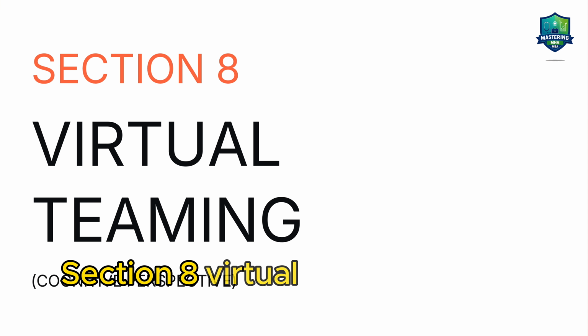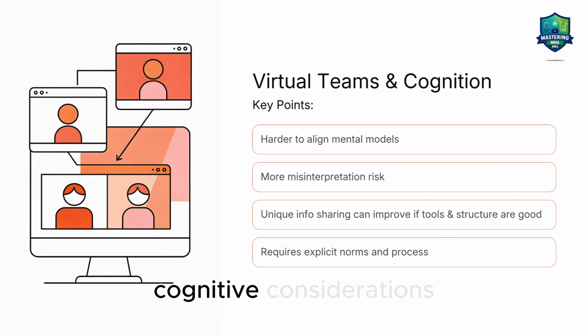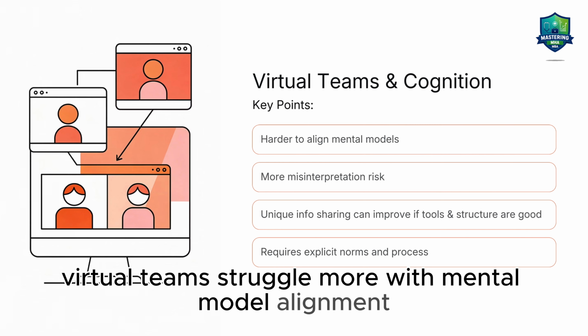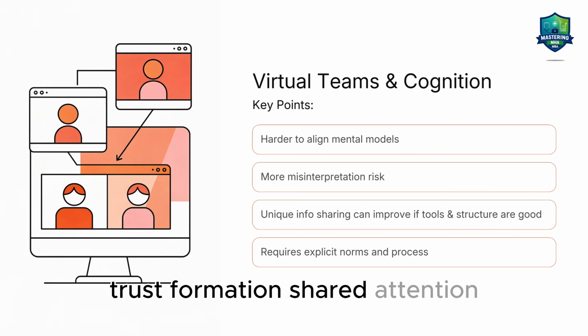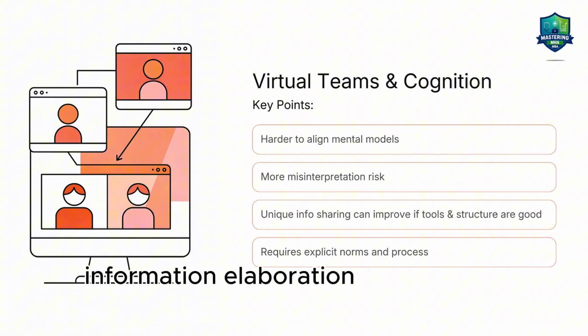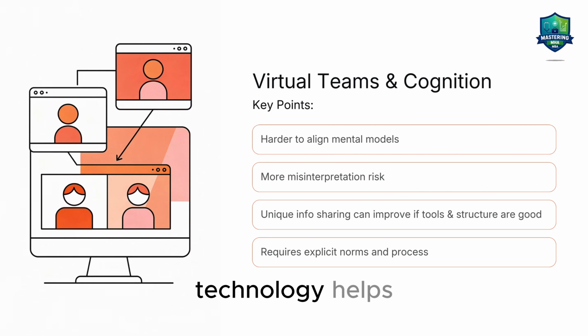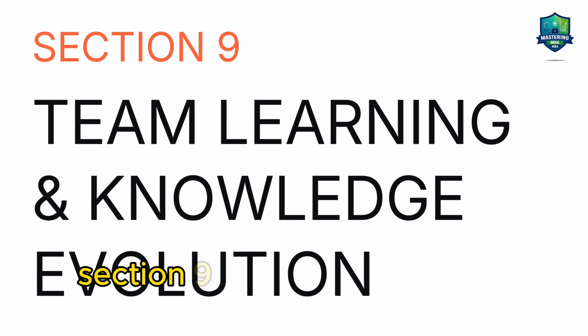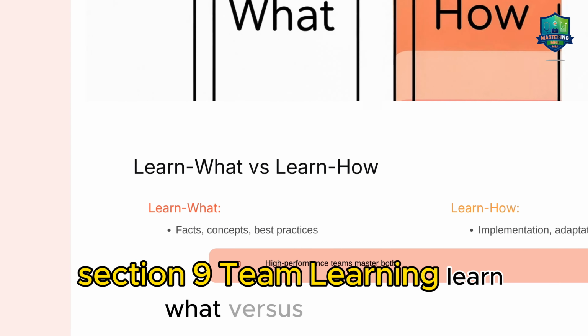Section 8. Virtual teaming. Virtual teams, cognitive considerations. Virtual teams struggle more with mental model alignment, trust formation, shared attention, information elaboration, and common information bias. Technology helps but cannot replace coordinated cognitive processes. Section 9. Team learning. Learn what versus learn how.